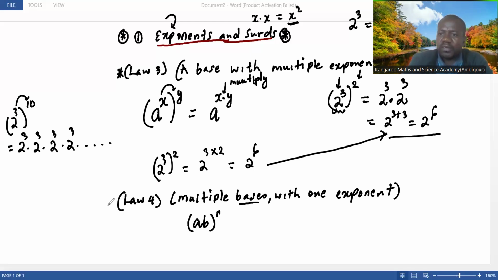Let me just use x. All to the exponent of x. So this is the same as A to the exponent of x times B to the exponent of x. It's very important, guys, to understand this, which means when you have two bases that have the same exponent, you can multiply them back.